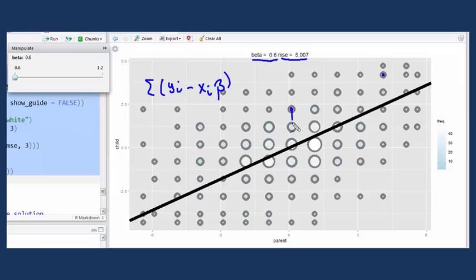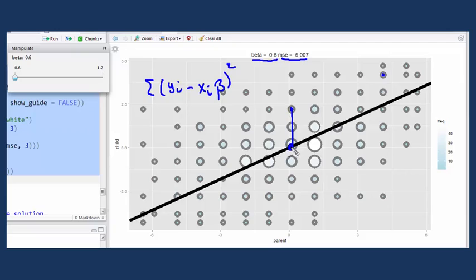This one right here, it's calculating the vertical distance between the child's height and the parent's height multiplied times the slope, squaring it, and adding them up. But here again, because there are multiple points at any xy combination, you can think of multiplying the squared distance by the appropriate number of points at that specific combination because of the overplotting.